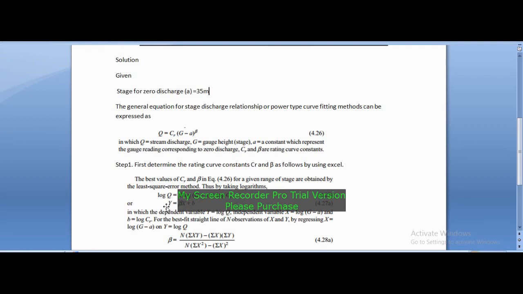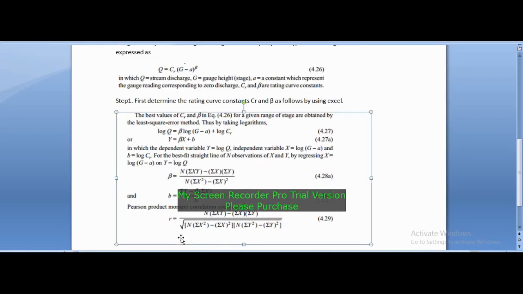So first determine beta and B. The equations used to determine these two parameters are: beta is equal to n times the summation of XY minus the summation of X times the summation of Y, over n times the summation of X squared minus the summation of X, the whole squared. By using this formula, we can determine the power of the rating curve, beta.